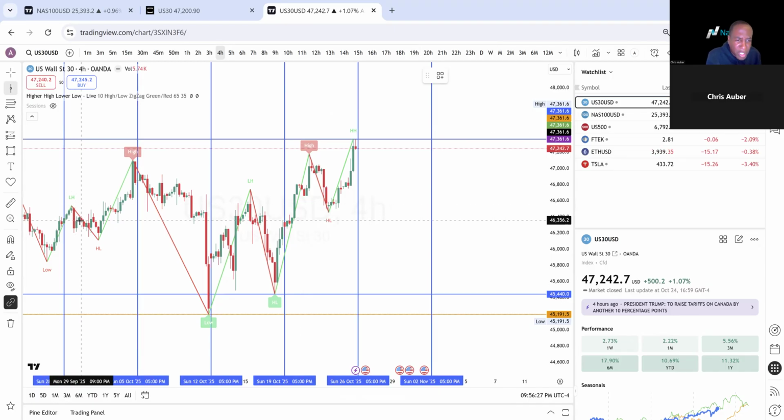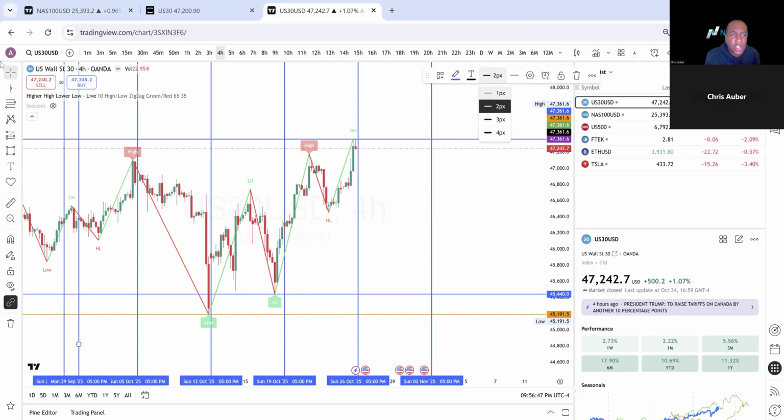So the market actually closes every day at 5 p.m. I'm going to change this here. Change the color for my daily.